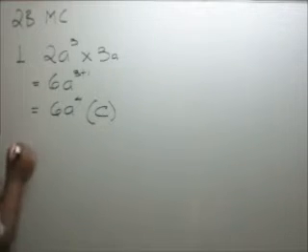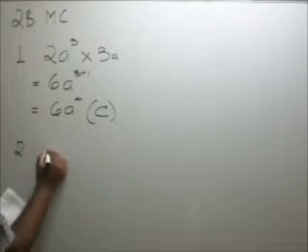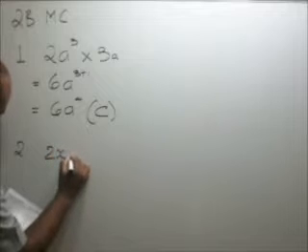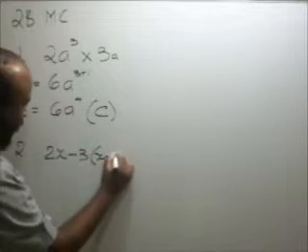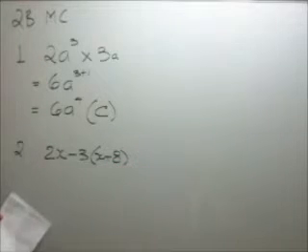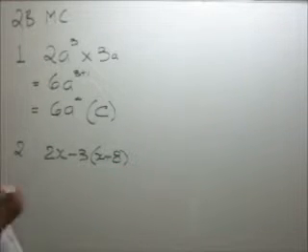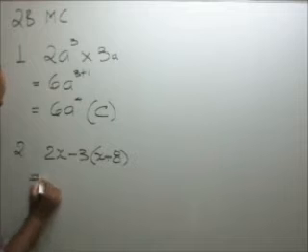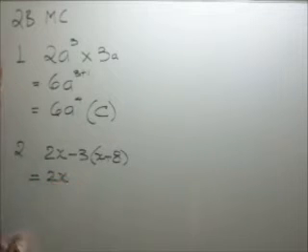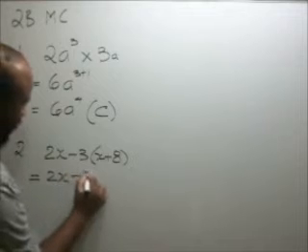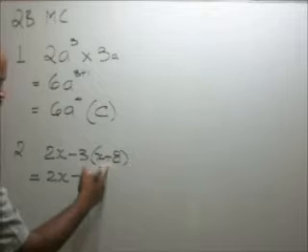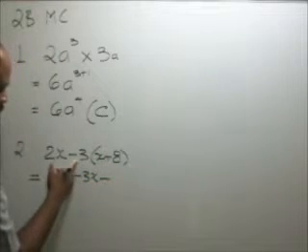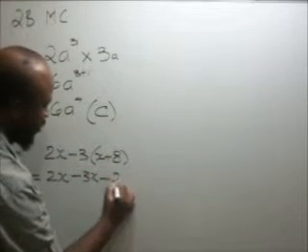The next question, question number 2, says 2x minus 3 into x plus 8. To simplify this, we're going to apply the distributive law to get rid of the brackets. So this is 2x minus 3x. Then we have a negative times a positive, which is a negative, and 3 times 8 is 24.